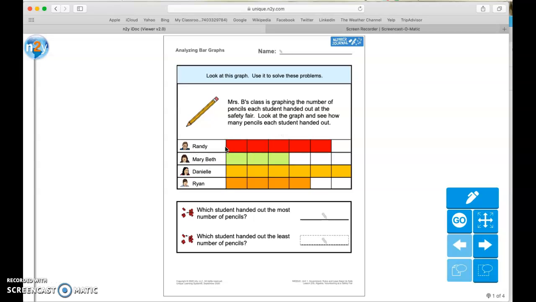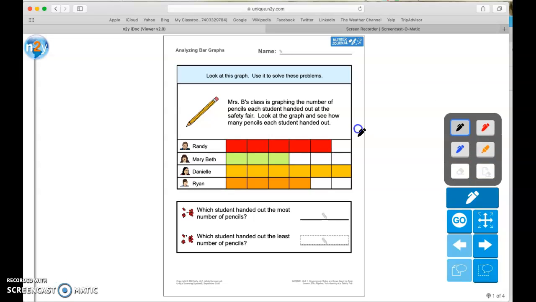So we have Randy, who handed out 1, 2, 3, 4, 5. I'm going to write it over here so I remember. Okay. Mary Beth, who handed out 3. Danielle, who handed out 1, 2, 3, 4, 5, 6. Whoops. Can I erase that?